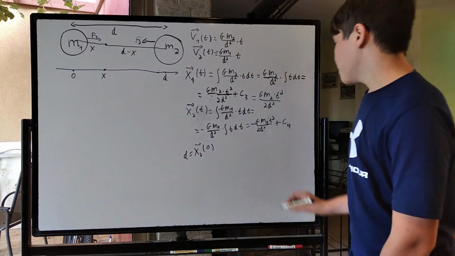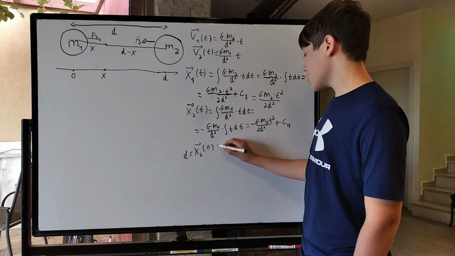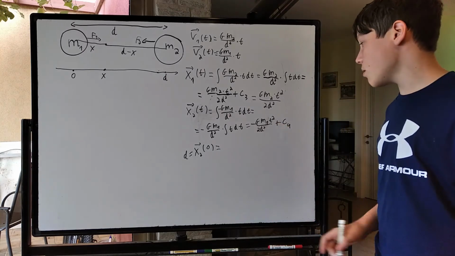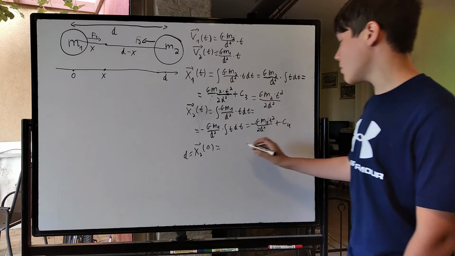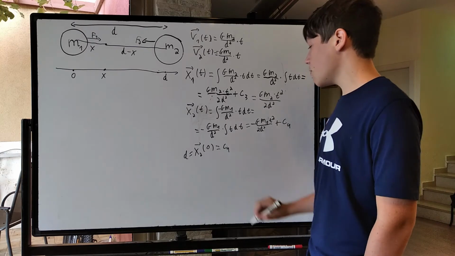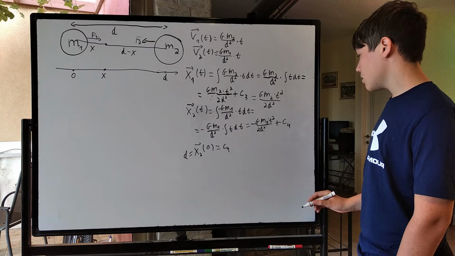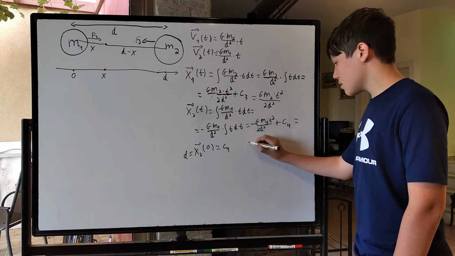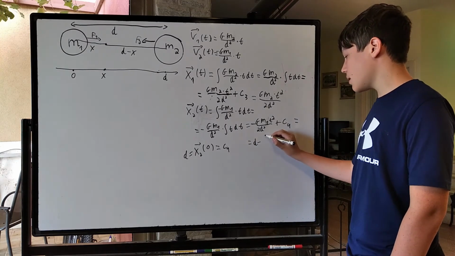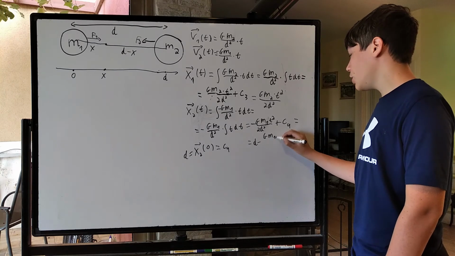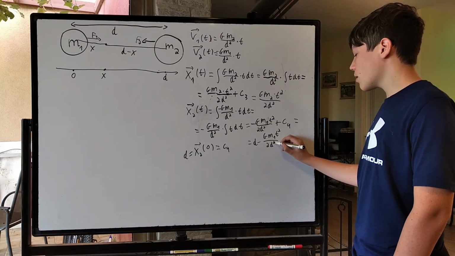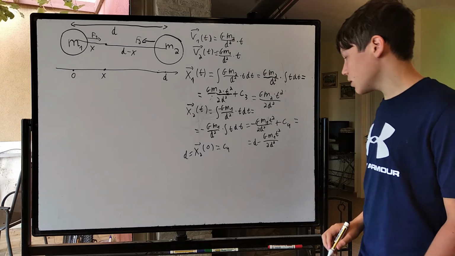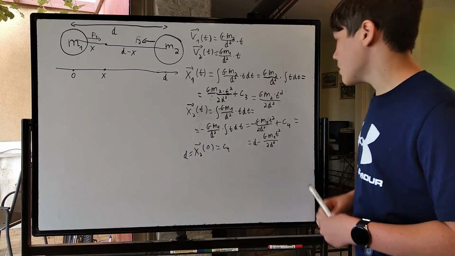But when we plug in 0, we get c4. So c4 is equal to d, meaning that this is d minus gm1 t squared over 2d squared. Alright.